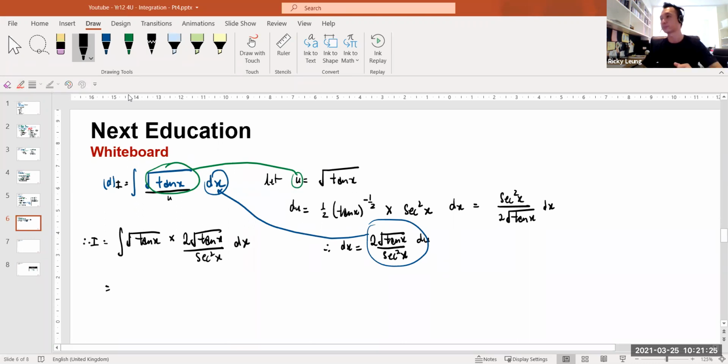Clean it up, and you've got 2 tan squared all over sec squared. Now, if I asked you right now to try to integrate this, it's not undoable. How do you think you should go about it? There are a number of ways.